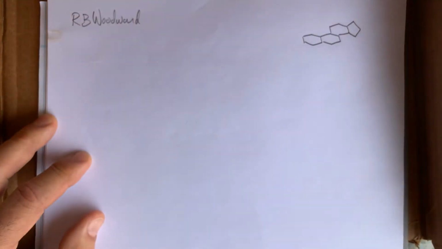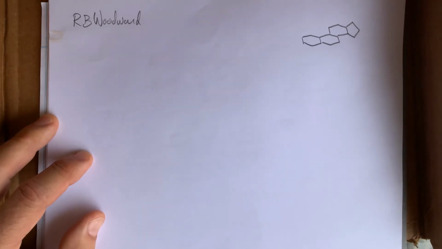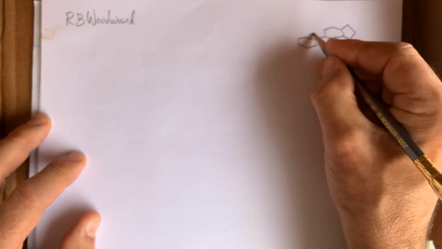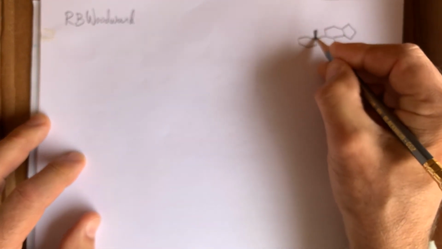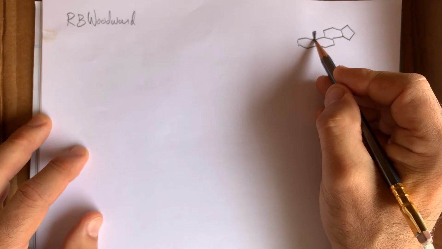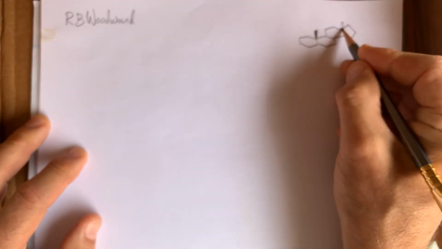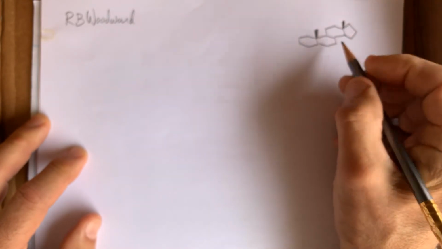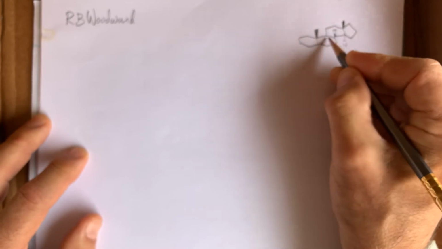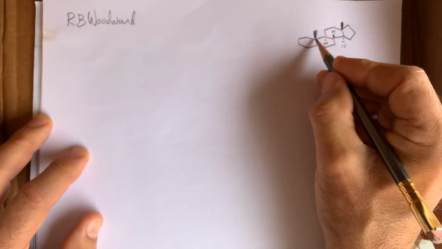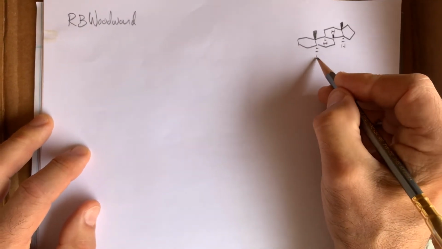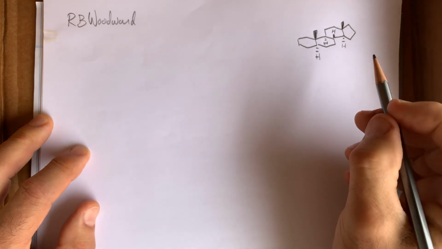There's your standard steroid nucleus, if you will. Steroids almost always have a stereogenic center here, a chiral center that's got a methyl substituent that's up, and another methyl group here, and then they're generally trans, trans, trans, trans in their ring junctures, and trans again if there is a stereogenic center there.